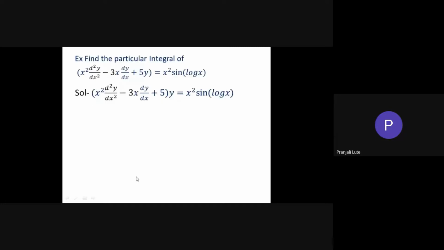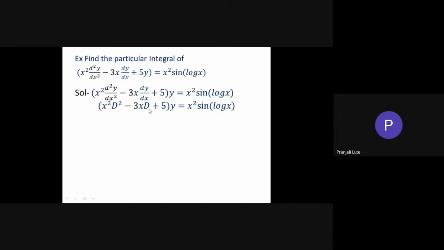This is a Cauchy-Euler equation. Why is this a Cauchy-Euler equation? Because the coefficient is x square with D square, and the coefficient is x with D. So we write x square d square dx square, minus 3x d dx plus 5, y equals the right hand side as it is.